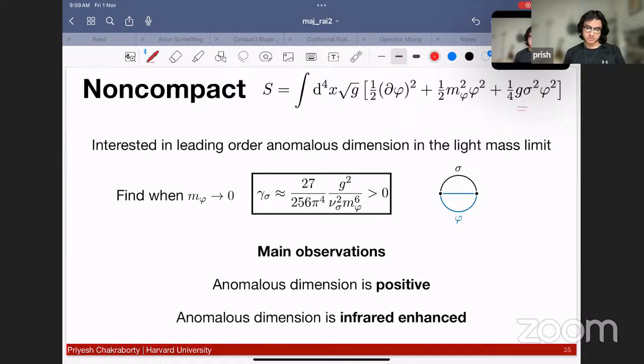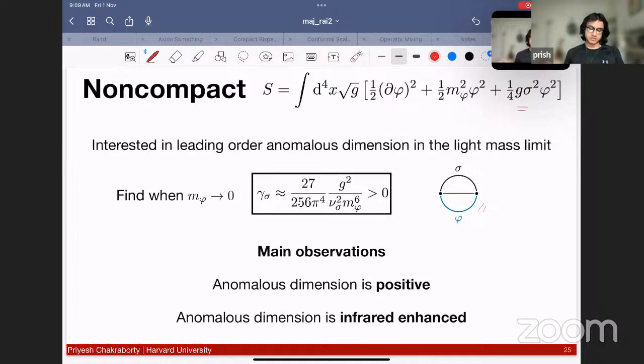So what we have to do is calculate, as is familiar from flat space, the self energy. The imaginary part of the self energy is going to determine what your anomalous dimension is, and the leading order self energy in this case is going to be set by this sunset diagram at 2 loops.